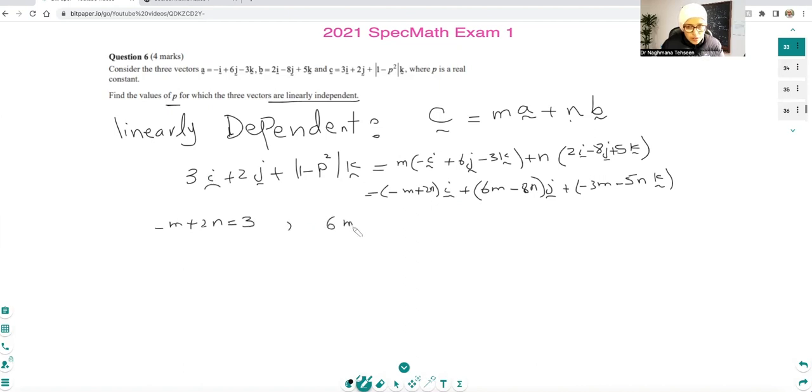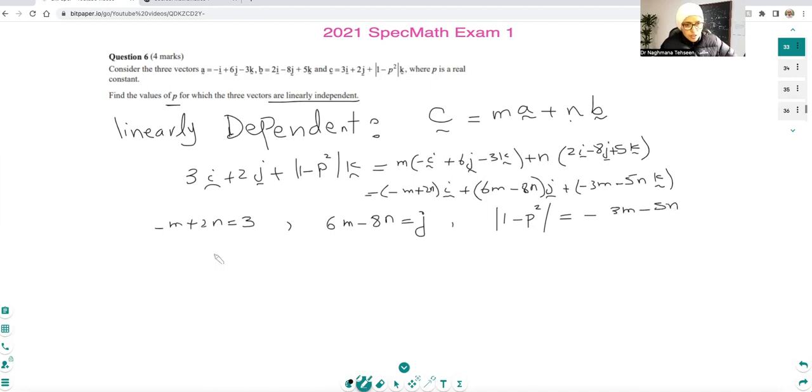And then we have 6M minus 8N equal to 2, the J component. And then we have 1 minus P squared equal to negative 3M plus 5N.